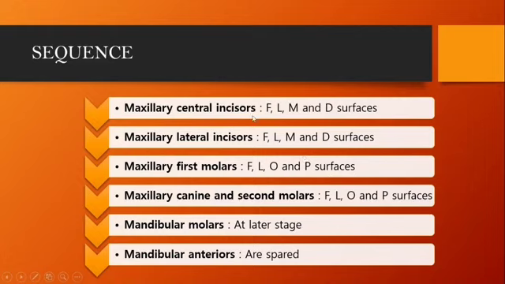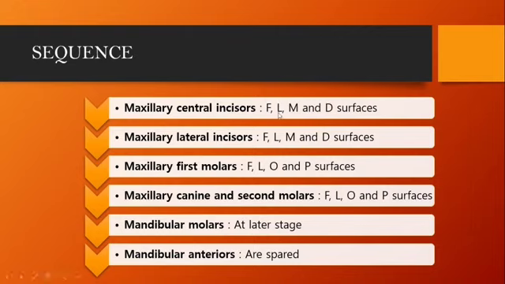The sequence in early childhood caries is maxillary central incisors, then the laterals, maxillary first molars, then the canines and second molars, and only then mandibular molars at a later stage. Mandibular anteriors are spared because of the protective action of the saliva and because the tongue protects the mandibular anteriors from the acidogenic fluid.